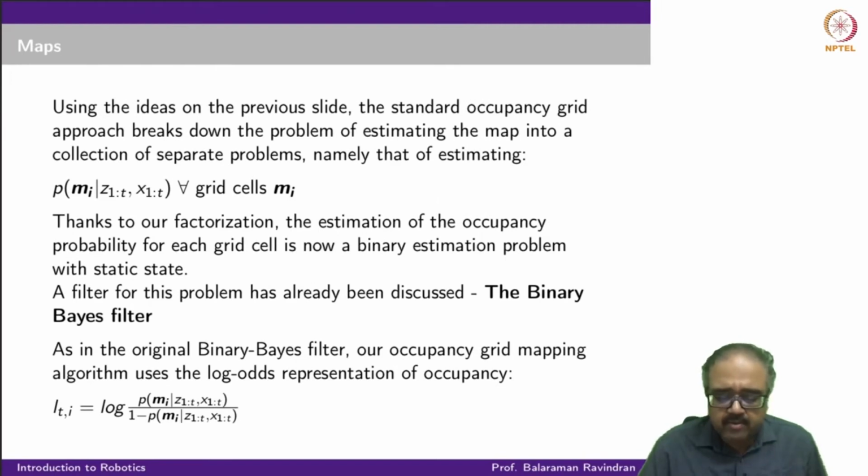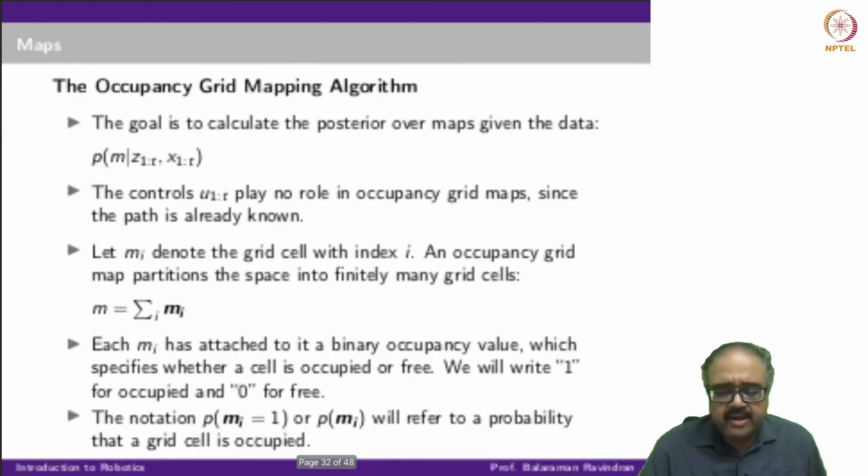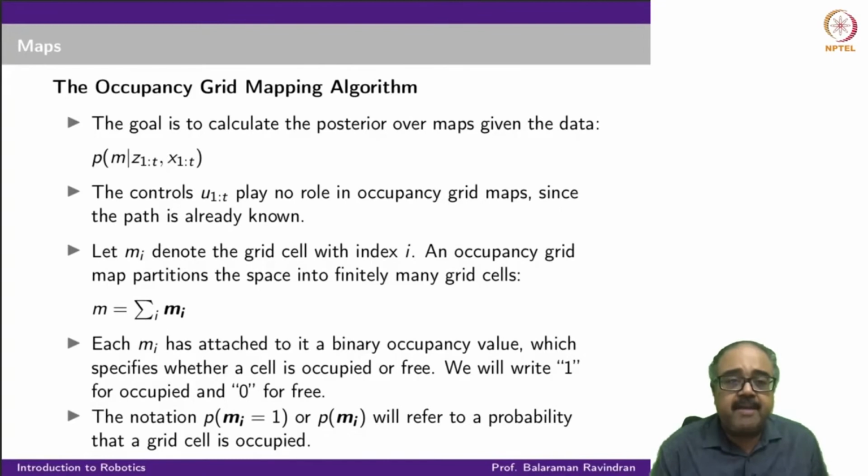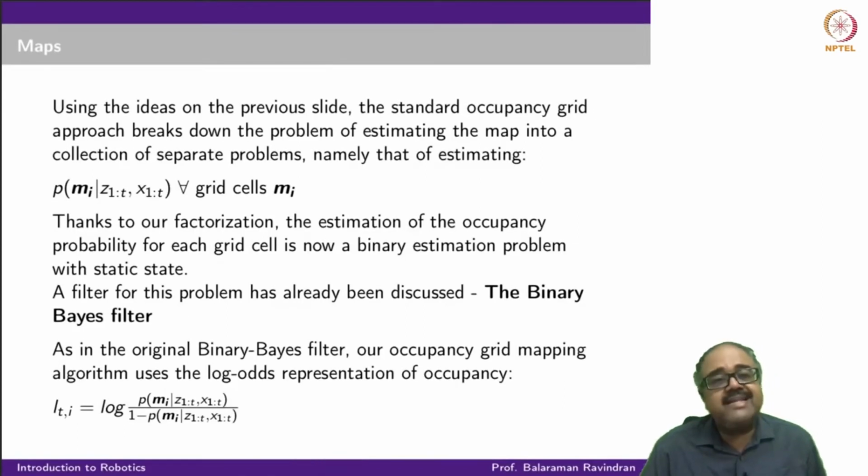Instead of looking at the probability of m given z_1 to z_t, I'm going to ask: what is the probability of m_i given z_1 to t and x_1 to t, and look at this for each one of these cells independently. I'm going to assume that the probability that a cell is occupied does not influence, or get influenced by, any of the other cells in the state space.